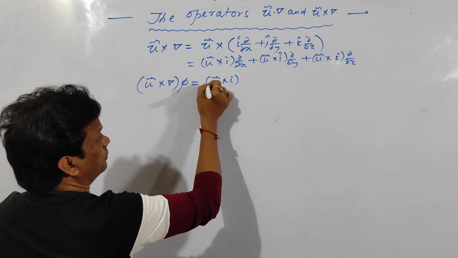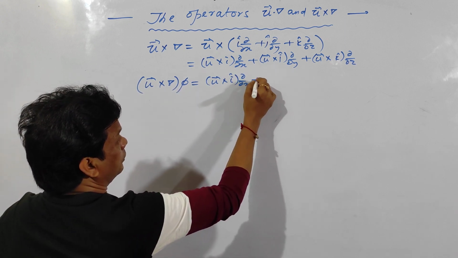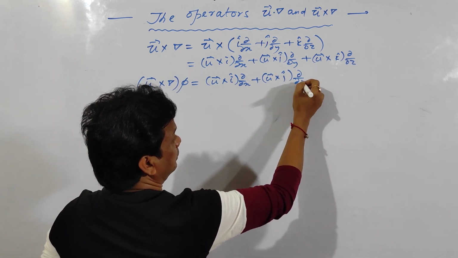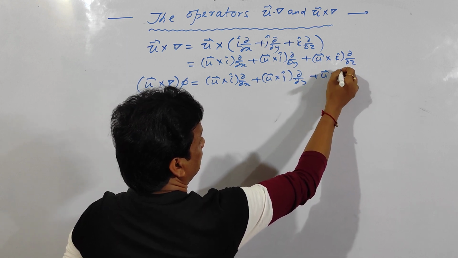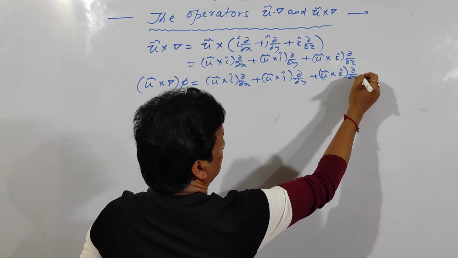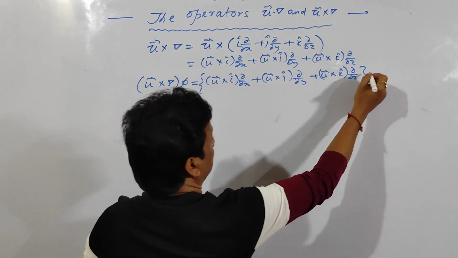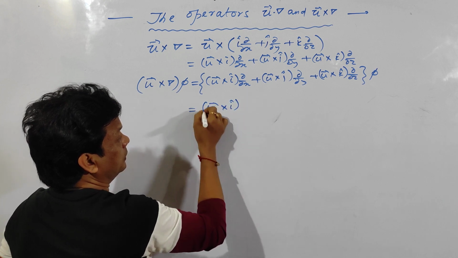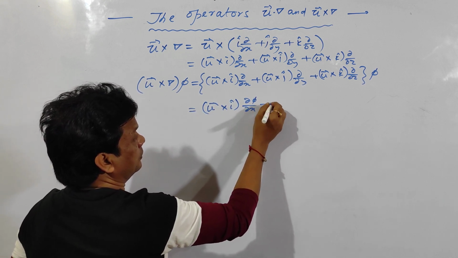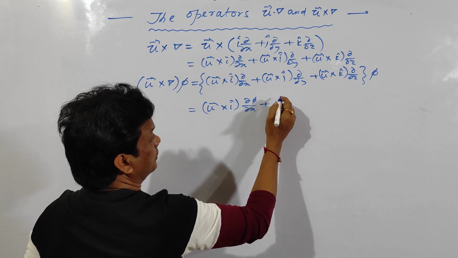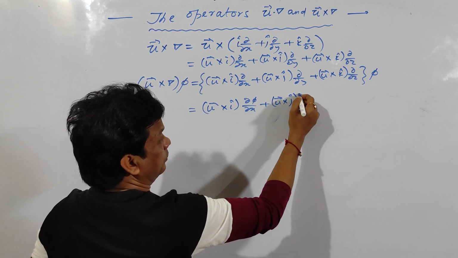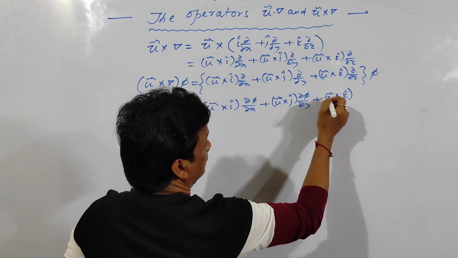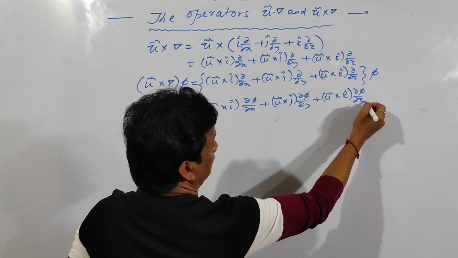U cross i cap into del by del x plus u cross j cap into del by del y plus u cross k cap into del by del z of phi, and it is equal to u cross i cap into del phi by del x plus u cross j cap into del phi by del y plus u cross k cap into del phi by del z.